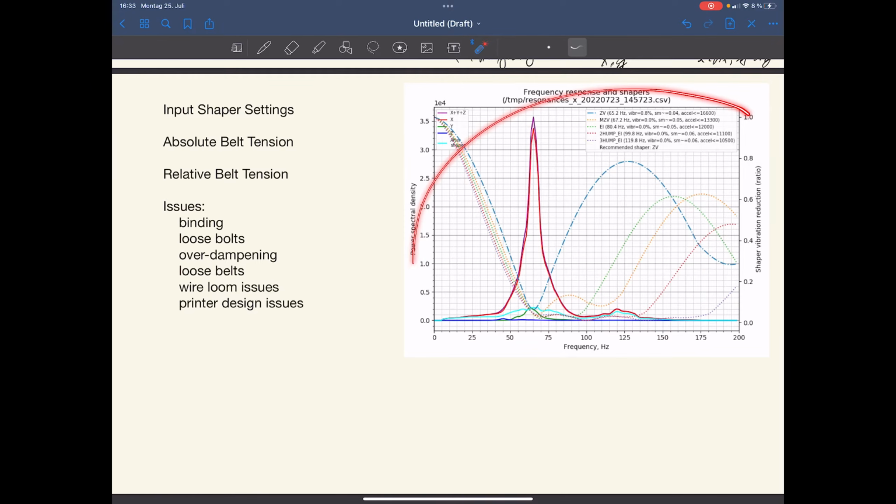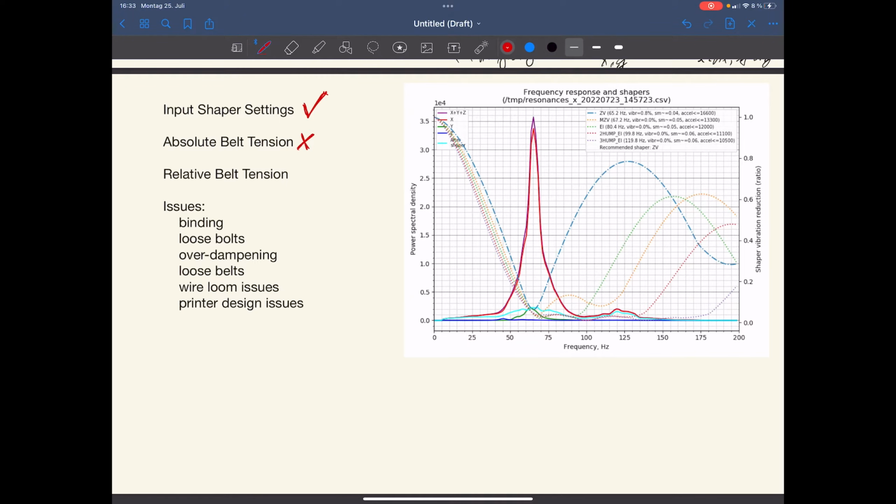So now we have generated those graphs, and the question is, what can this graph actually tell us? The first thing is that it of course tells us which settings we will later want to use for our input shaper. How we do that we will learn later. The next thing is whether we can see the absolute belt tension, if it's okay, and that's not the case.